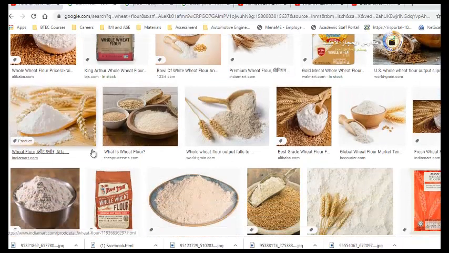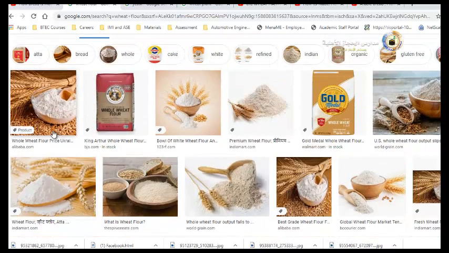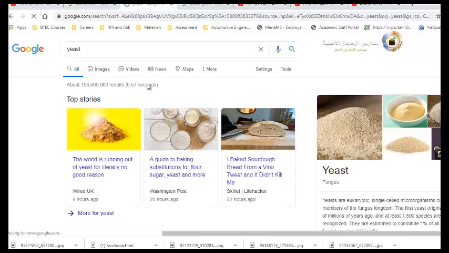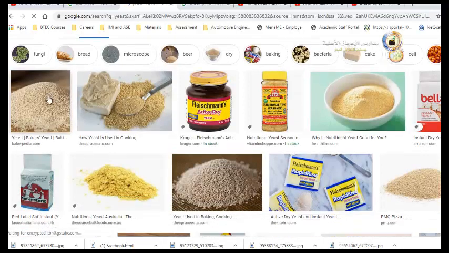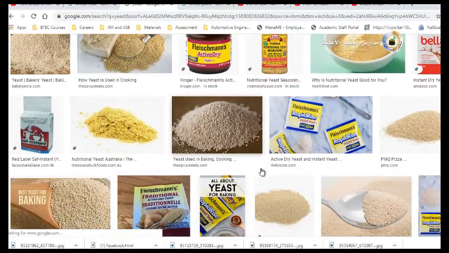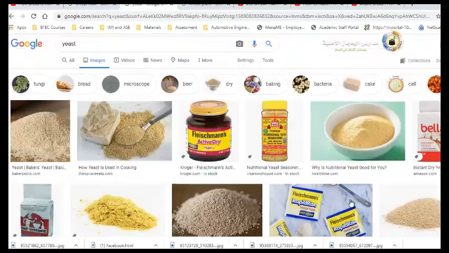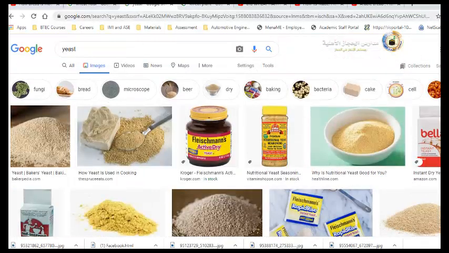Again, your mom uses it to make cakes and yummy things for you. And here is the yeast. Here it is. It's الخميرة. Okay. So they add it with water to make the bread for us.